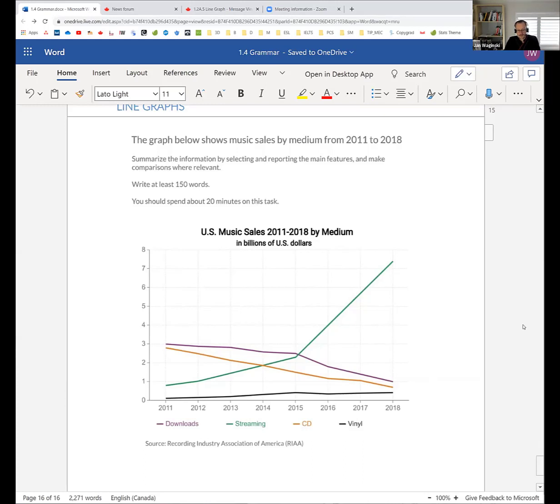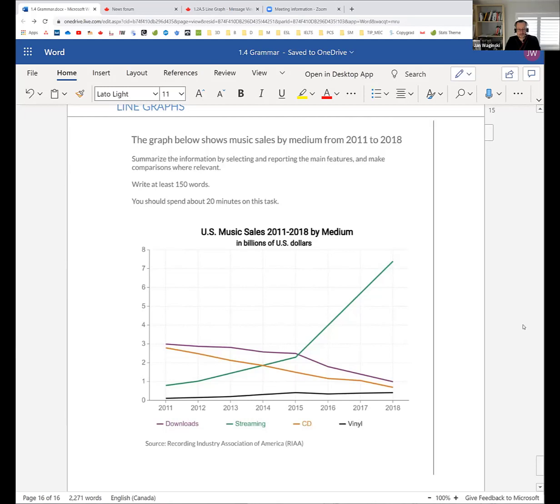Okay, let's start with paraphrasing the prompt and then provide a general overview. Let me ask Safa. So what does the graph show us? Start by paraphrasing the prompt, the context.